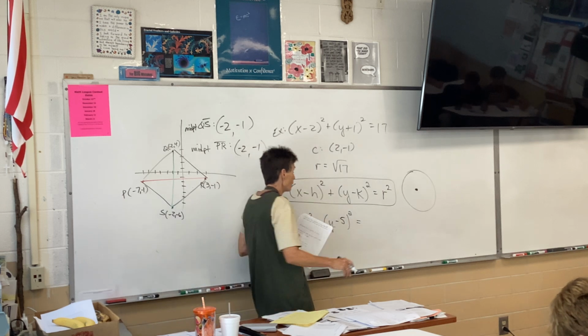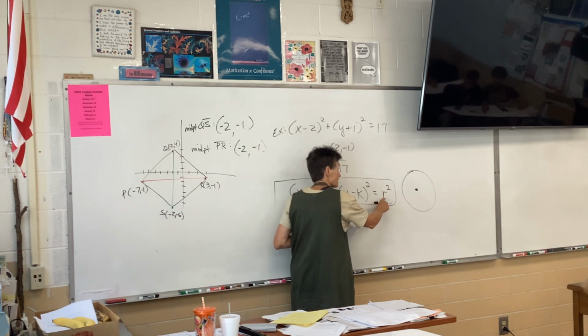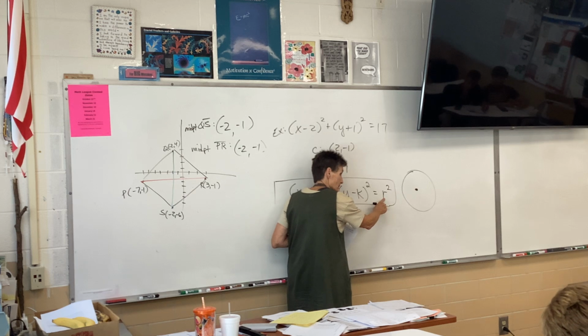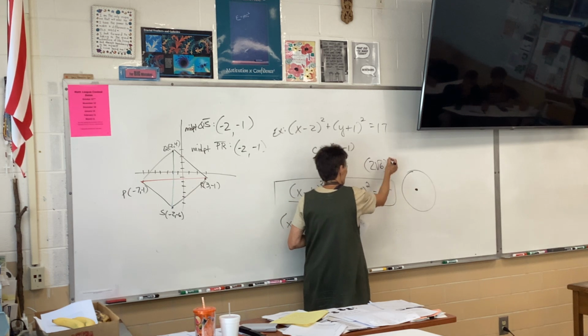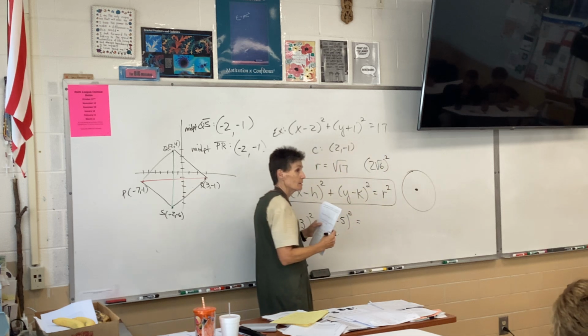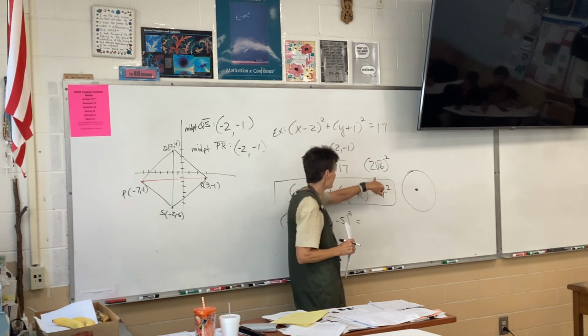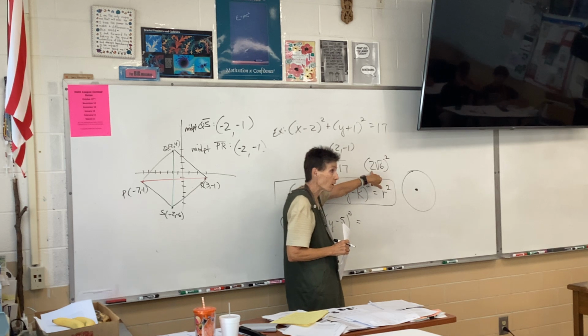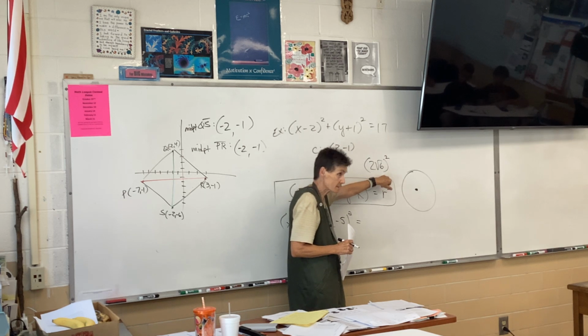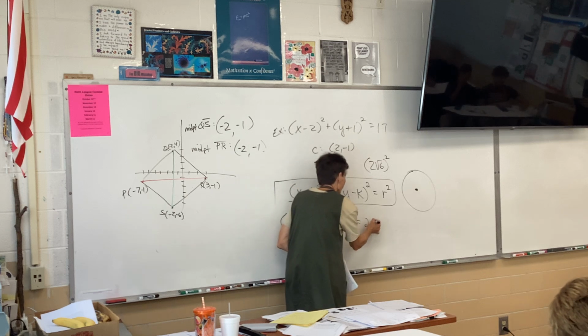And then what's gonna go here? Remember, it's r squared, so it's 2√6 squared. Now when you square that, you gotta square both pieces. So this would be 4 times 6, so this is 24.